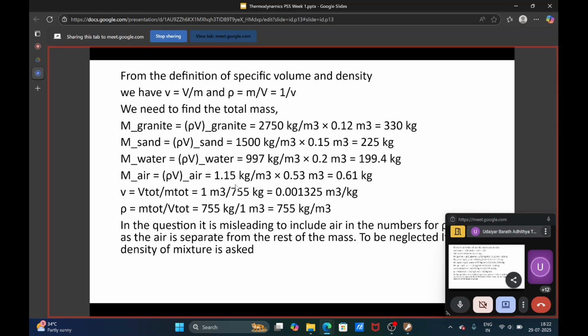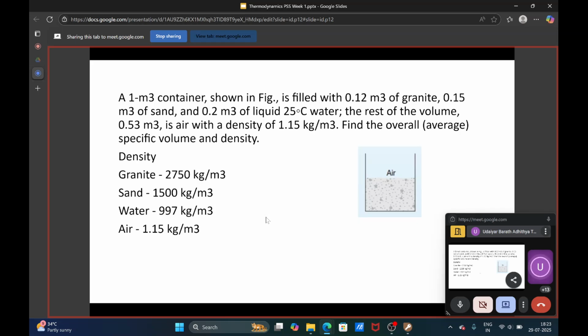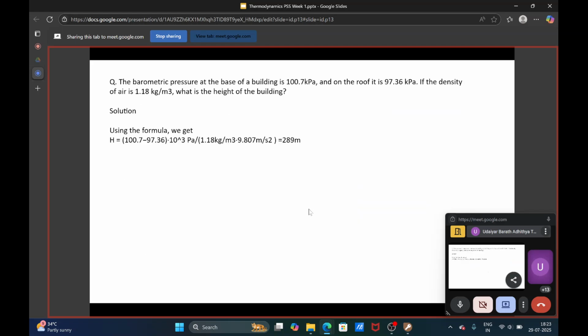Total volume is 1 meter cube, so it comes out to be 0.001325 meter cube per kg, and density is 755 kg per meter cube. In the problem it said to find the overall density, and air was given. If we needed to find just the mixture, you would have to exclude air.